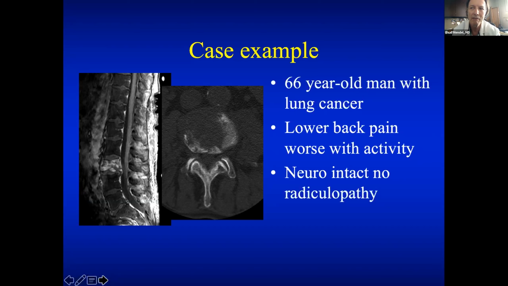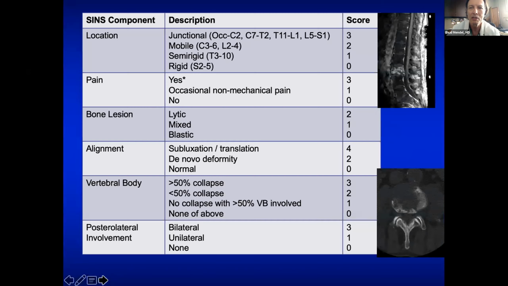So this patient has lower back pain, it worsens with activity. So right there, it tells you that this is mechanical symptomatology. The patient otherwise is neurologically intact. And so if you look at the location, this is going to be 2 because it's a mobile spine between L2 to L4. The patient does have mechanical pain, so he gets 3 for that.